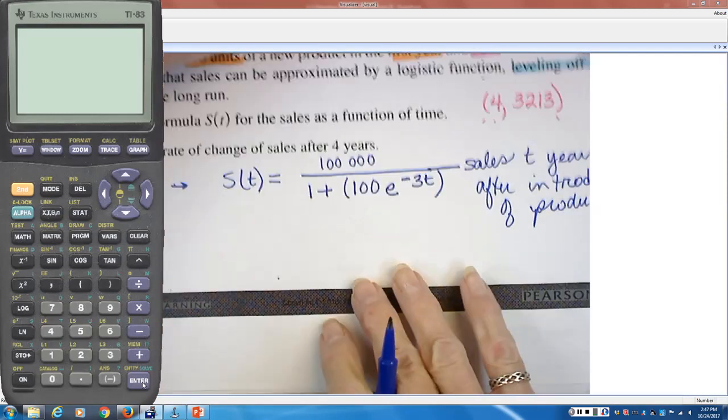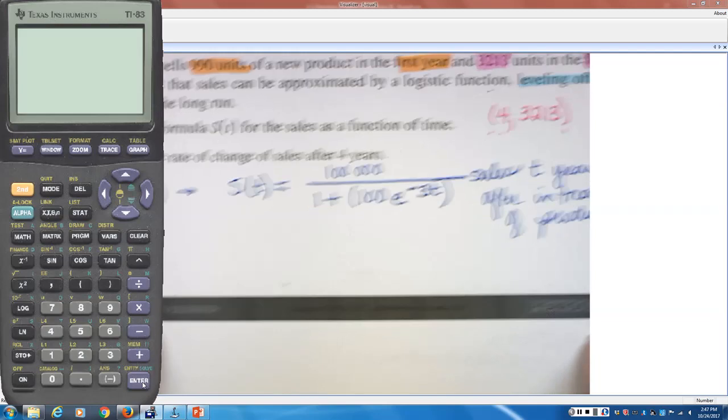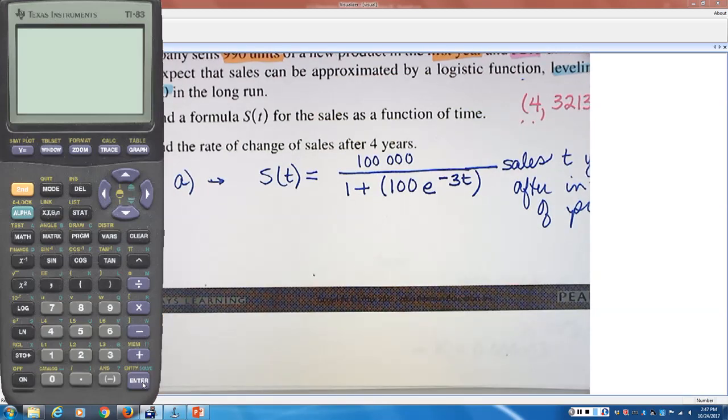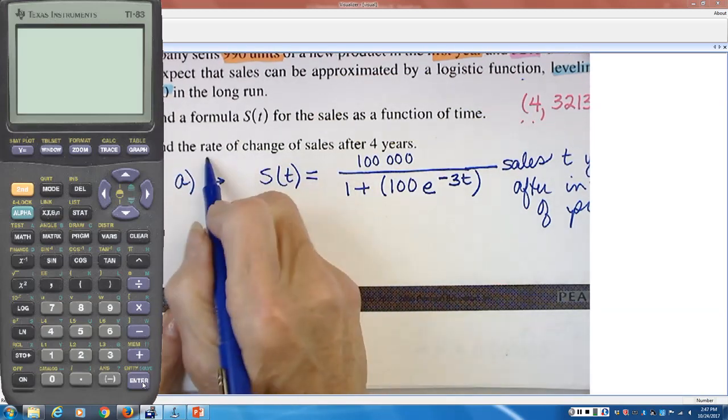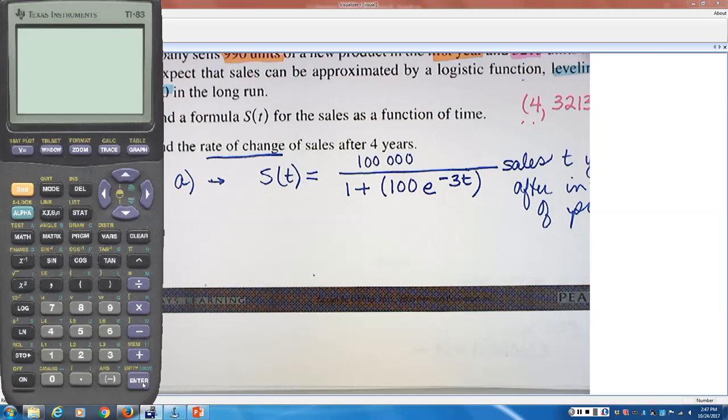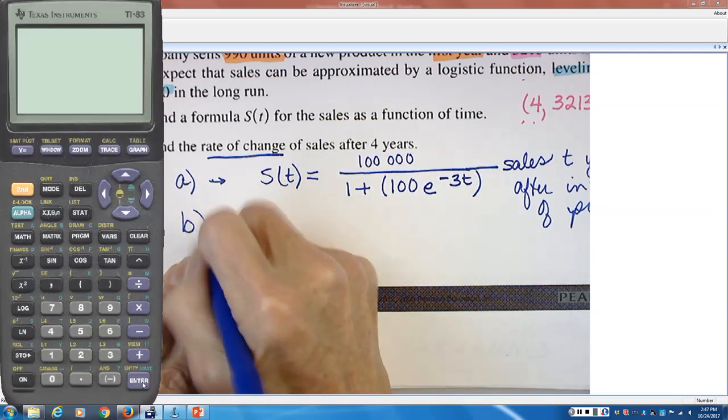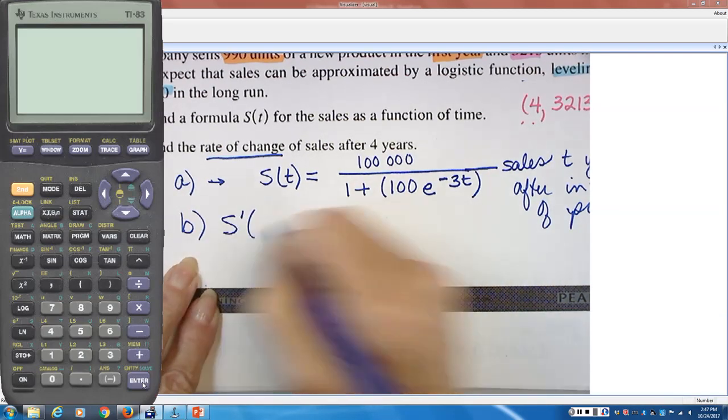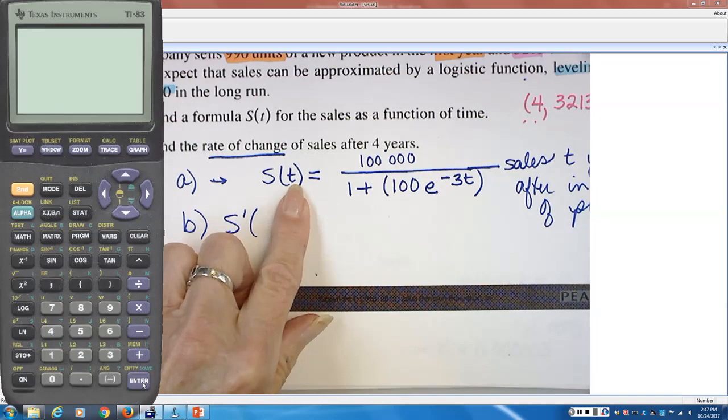And then what they want us to do for our next step, and we had to find this correctly first, is they want us to find the rate of change of sales after 4 years. What does that mean they're asking us to find? The derivative. And they want us to find it specifically at 4 years.